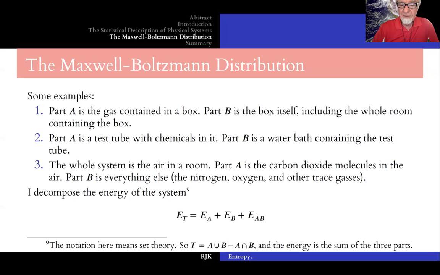Part B is a water bath containing the test tube at a constant temperature. In the third example, the whole system is the air in a room. Part A is the carbon dioxide molecules in the air. Part B is everything else: the nitrogen, the oxygen, other trace gases, etc.